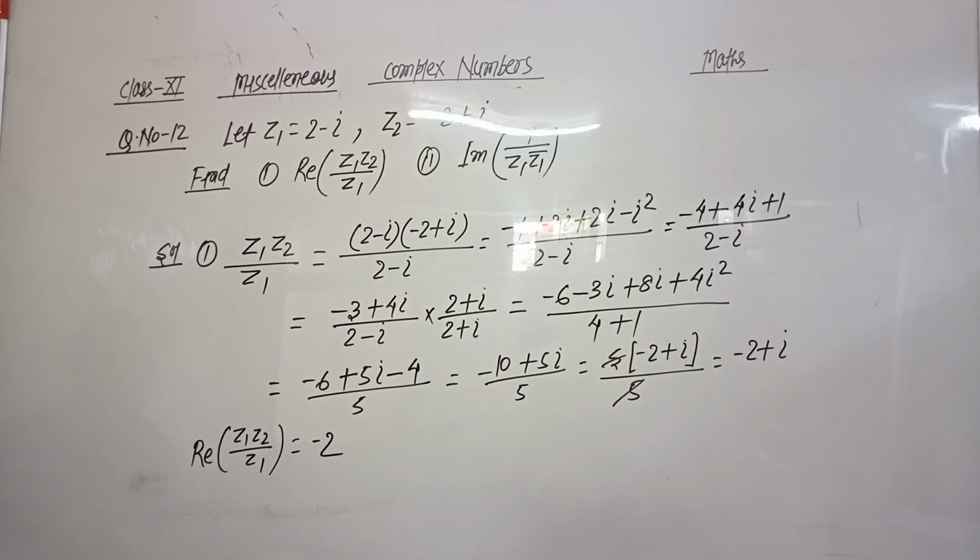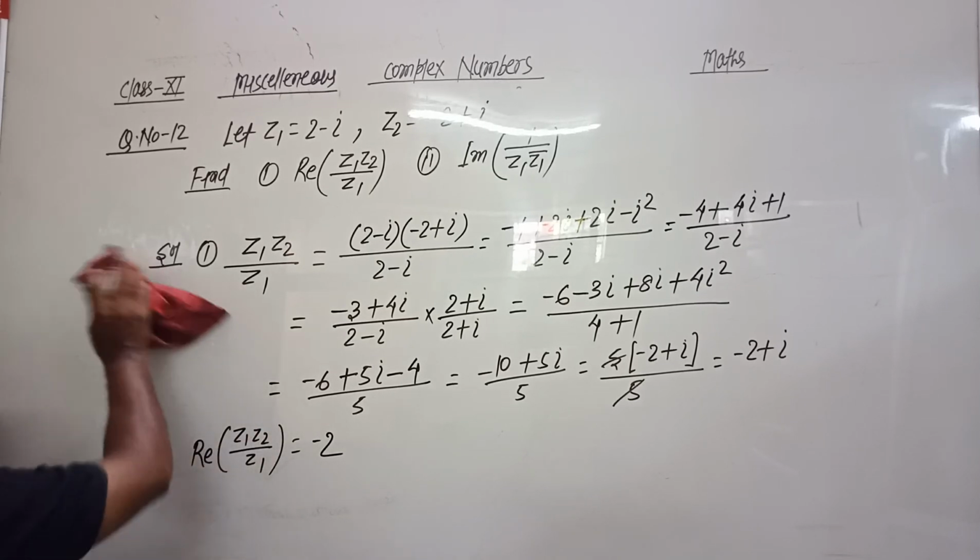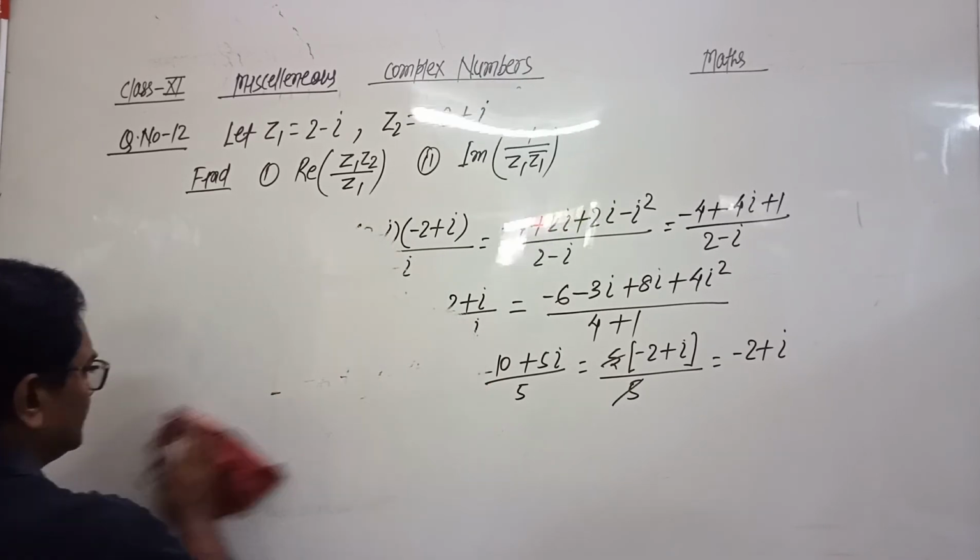The result is: real part of Z1 Z2 upon Z1 is minus 2. Now the second part.